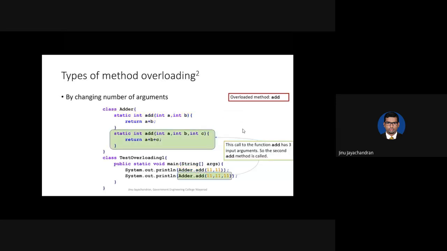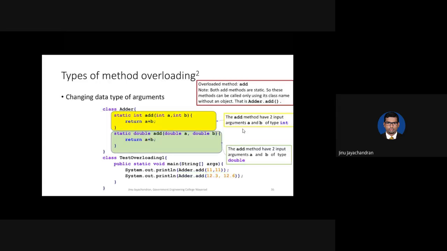When I call add with three parameters, the Java compiler will look inside the class and see which one has three parameters, and this one has three parameters, so this method will be called and executed. So depending on the number of parameters, it will be able to call methods of the same name.